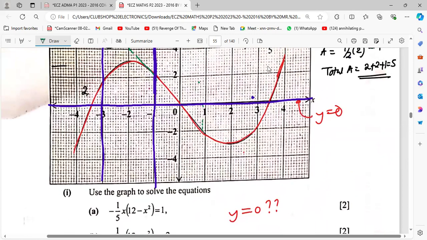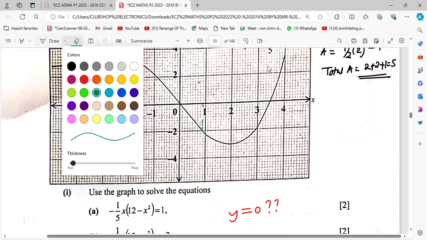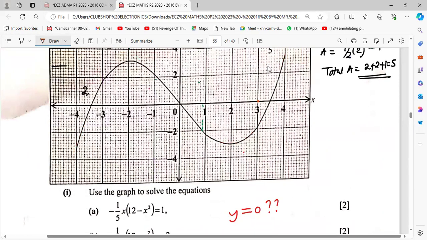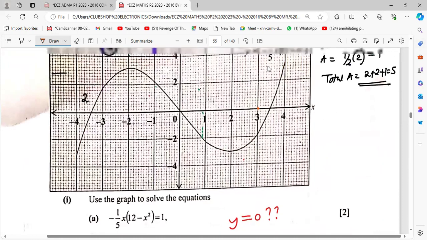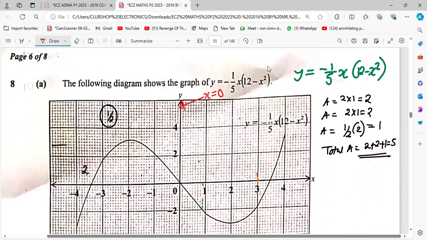Our x is 3. So you go to the x-axis, identify 3, which is this point here, but you must find the curve. If you go upwards to look for the curve, you'll not find it here. The only way is to come down, and you meet the curve at this point. Is that okay?